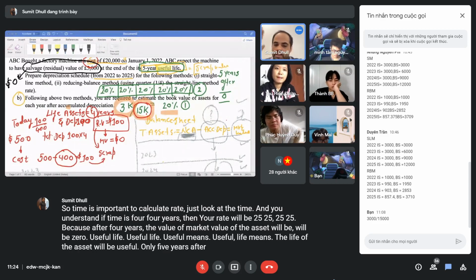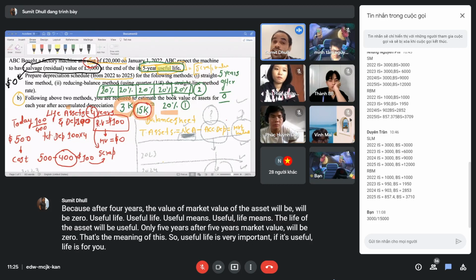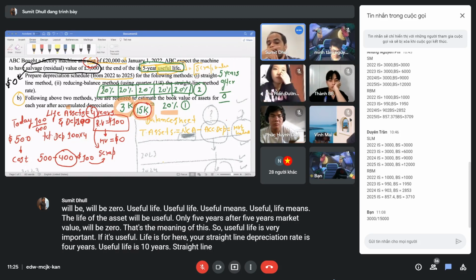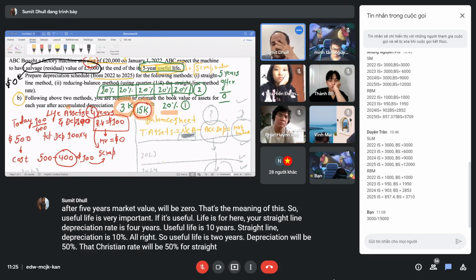After 5 years, market value will be zero. That's the meaning of this. So useful life is very important. If its useful life is 4 years, your straight line depreciation rate is 25%. Useful life is 10 years, straight line depreciation is 10%. Useful life is 2 years, depreciation rate will be 50% for the straight line method.